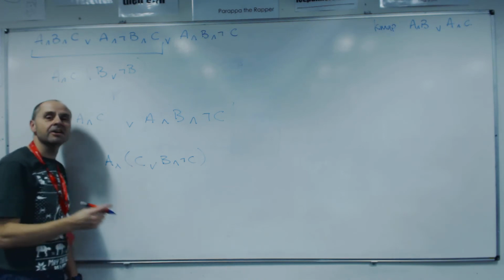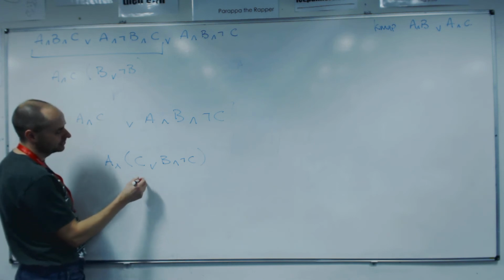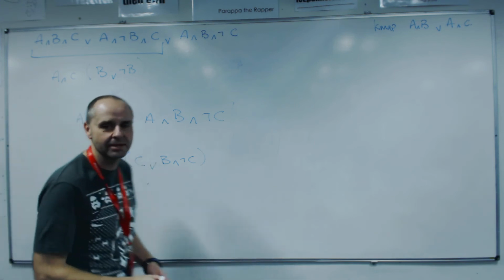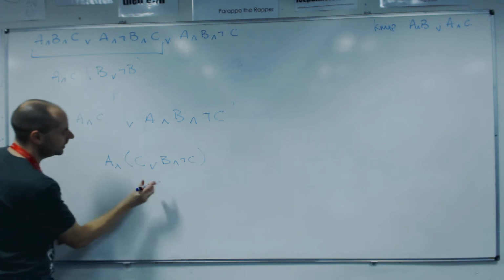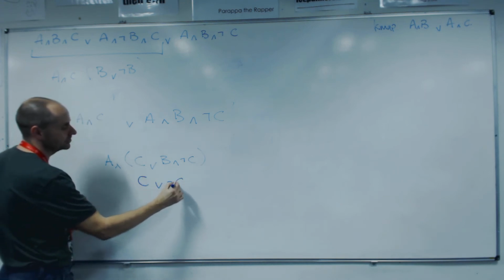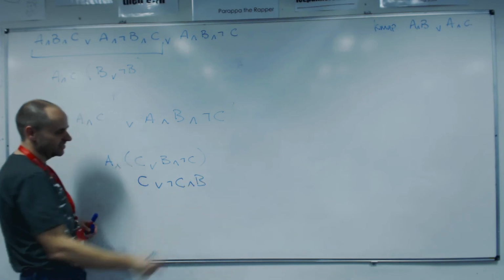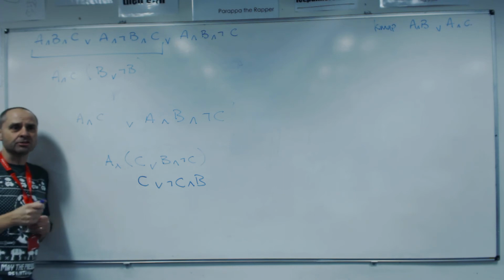I can make it easier if I rearrange it using one of the other rules, which is distributive. So if I was to write this with a pen that works, if I just rearrange this, I can actually write this as not C and B, and that doesn't change anything. Which rule is it? What does it reduce to?